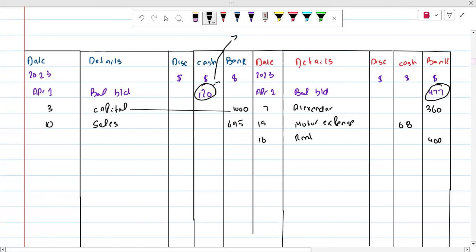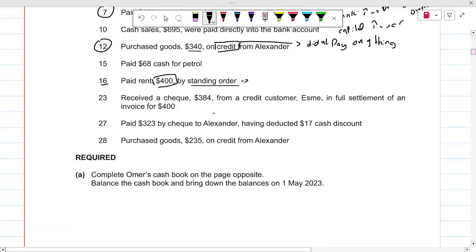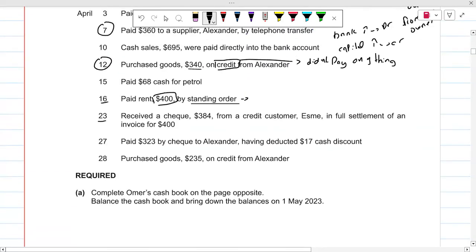Okay. And the next transaction is on 23rd April. Received a check of $384 from a current customer, Esme, in full settlement of an invoice of $400. Okay.